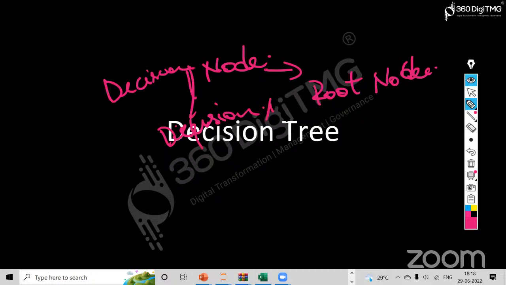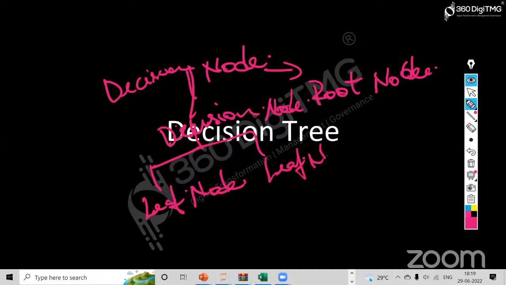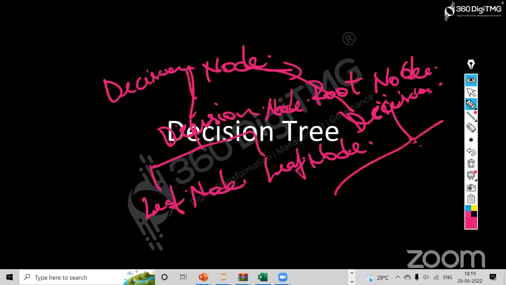This decision node will have leaf nodes. These are the leaf nodes. Here you will have one more decision node. Here again, you will have two more leaf nodes.